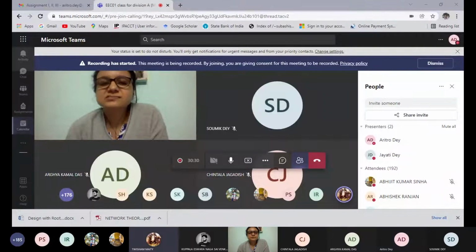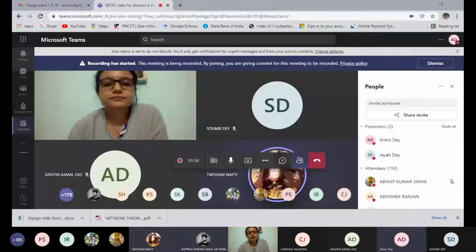One source is shown over here, and the second source is this. The first source is 7.7 volt, which we are keeping.